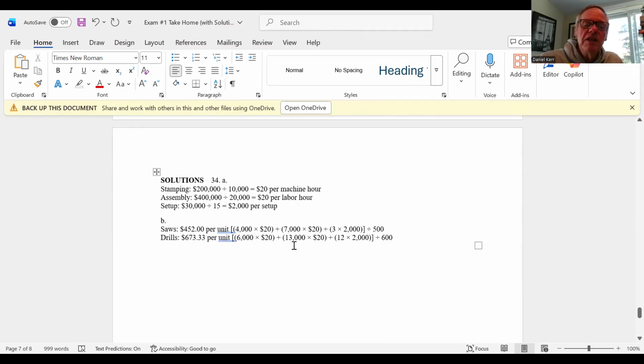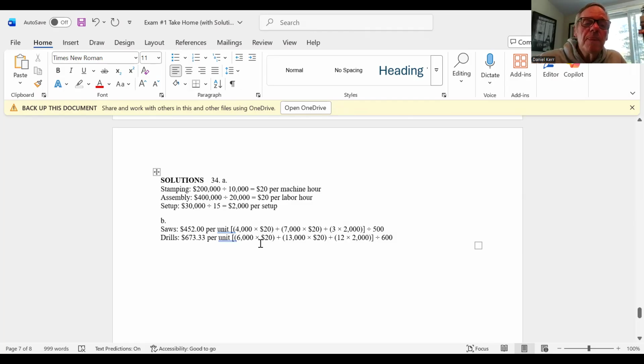All right. So what you need to do to get the overhead cost assigned to each unit, you had 4,000 machine hours in terms of stamping, in terms of saws. You had 7,000 assembly hours times 20, and you had 3 setups, so 3 times 2,000. And you had to take that number and divide by 500, which gives you $452.